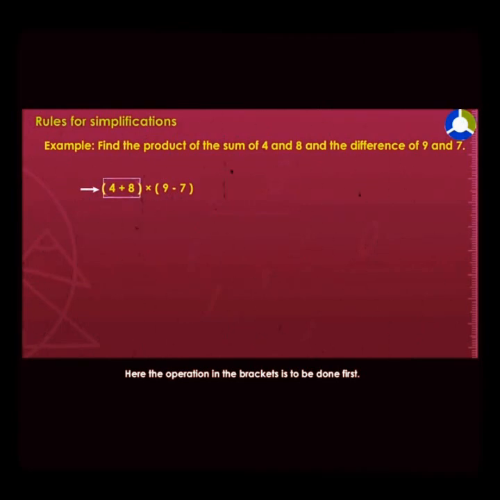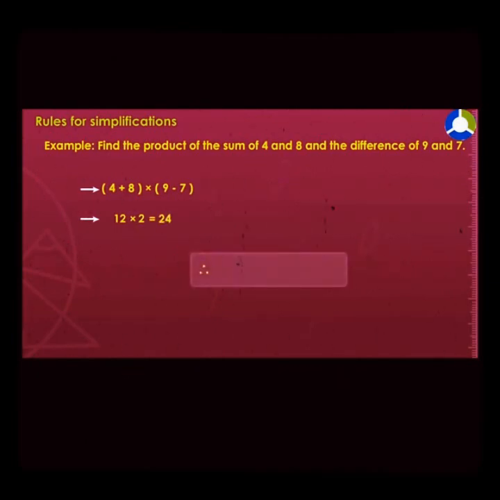Add 4 plus 8, which is 12, and subtract 9 minus 7, which is 2. Then multiply 12 into 2, which is 24. Therefore, 4 plus 8 in brackets multiplied by 9 minus 7 in brackets equals 24. Here, addition and subtraction are done before multiplication.